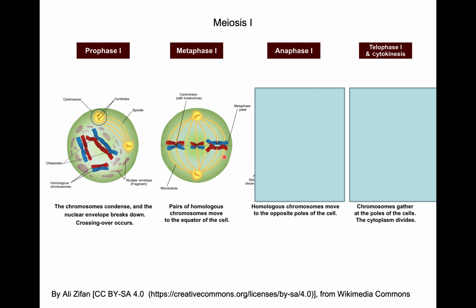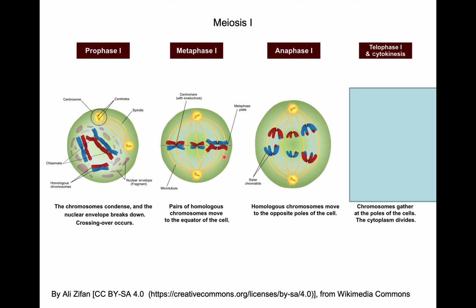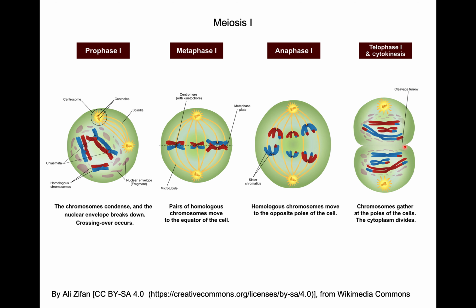Okay. So anaphase 1, which in mitosis separated sister chromatids, in anaphase 1 you don't separate sister chromatids. You see these sister chromatids are still attached. What you do in meiosis 1 is you actually separate homologous chromosomes, such that by the time telophase and cytokinesis happen, on one end of the cell you have one set of homologous chromosomes, and on the other end of the cell you get the other set.